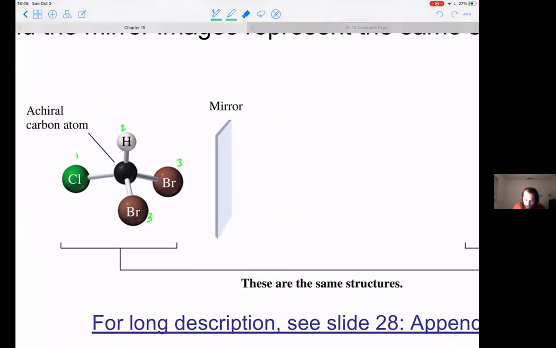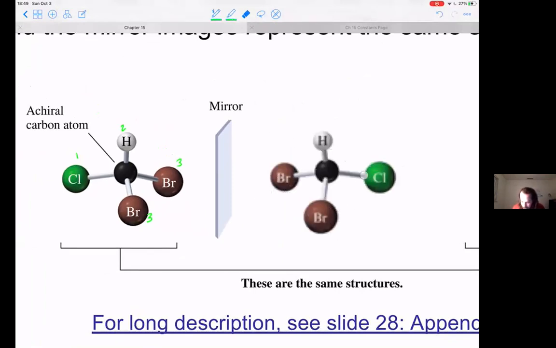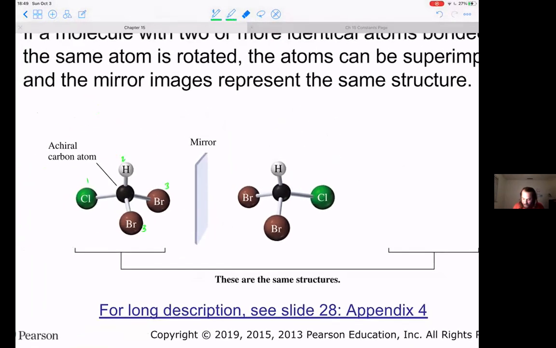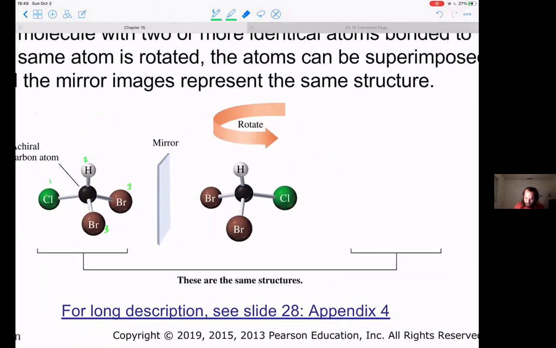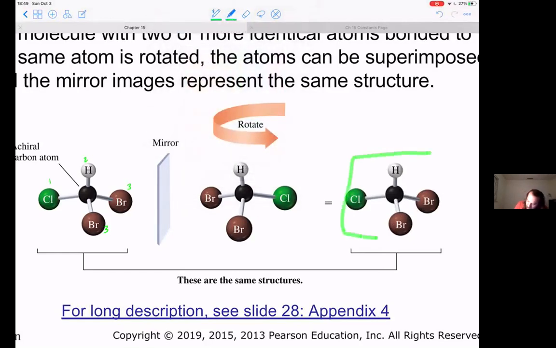So let's show that real quick. We're going to take the mirror image of this structure. All right, we get that. But now if we just simply rotate that molecule, I think just like 120 degrees, we now get that same molecule. So this could be superimposed onto this and it would match perfectly, right?